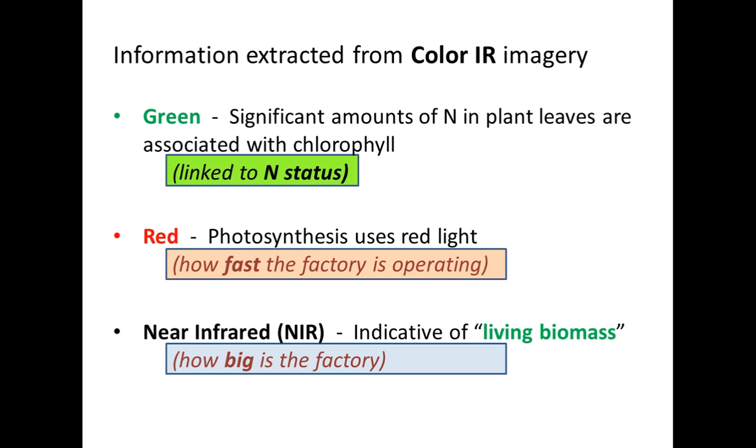And finally, we've got near infrared. We said that's the living biomass detector. That tells us how big the factory is. The red light tells us how fast it can work. So that's why we put these two together in a vegetation index.